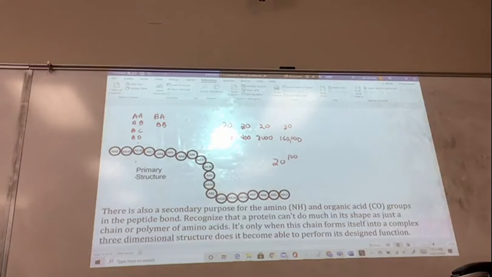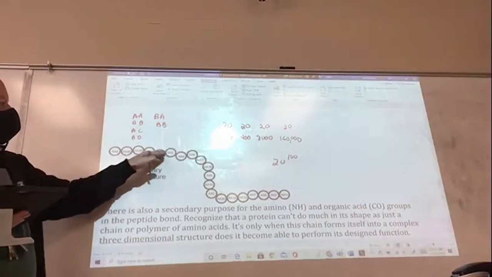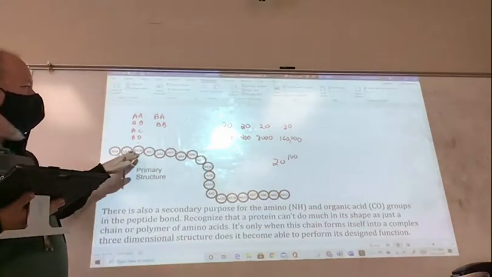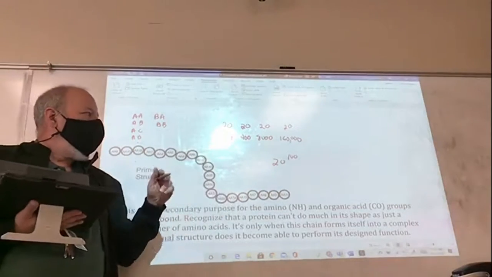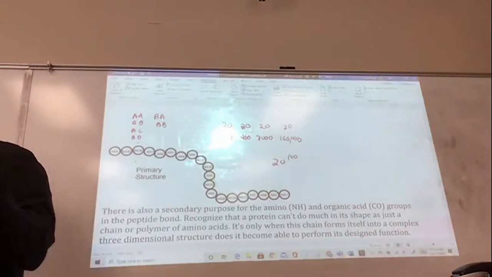If I raise 20 to the 100th power on my calculator, it overflows. I can't have that high of a number. Okay, but you can imagine if I have 100 different amino acids in a chain, I could have 20 to the 100th power different proteins.